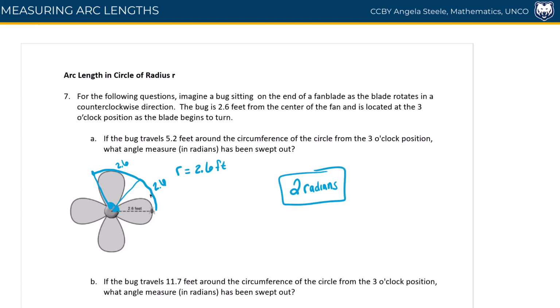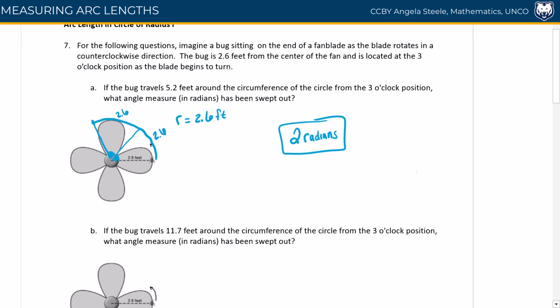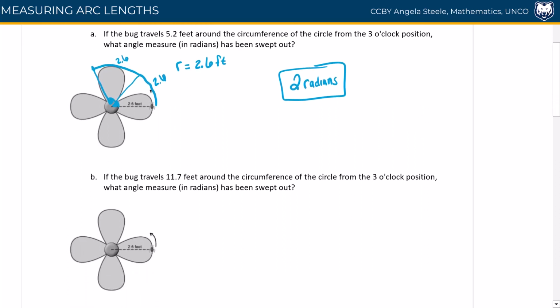Okay, let's go ahead and do one more. So for part B, we're now going to do the same idea, but now we're going to travel 11.7 feet around the circumference. Okay, so we've already done a little bit of it. So we've got 1 radian right here of 2.6. If we do our second one, we get to about right there.